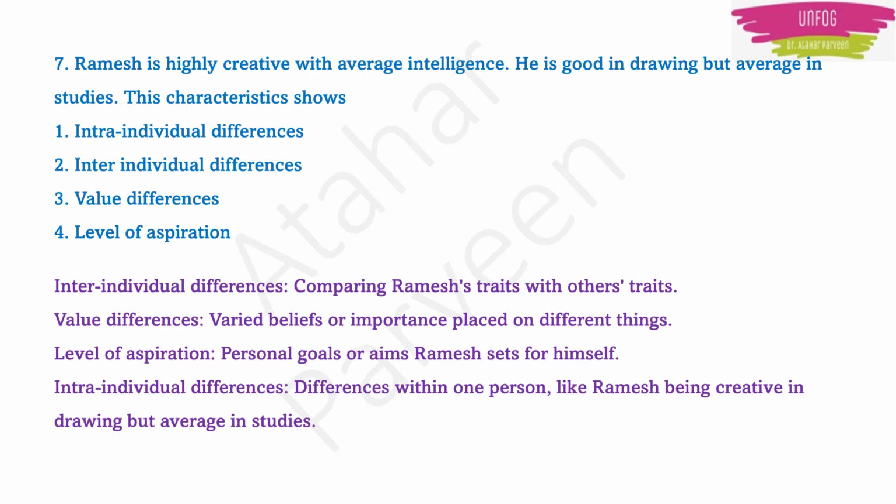Inter-individual differences means if you compare Ramesh's characters to someone else's character, then you are doing inter-individual difference. Value difference means there are some different beliefs or importance placed on different things. Level of aspiration means personal goals or aims which Ramesh is setting for himself. That is level of aspiration.